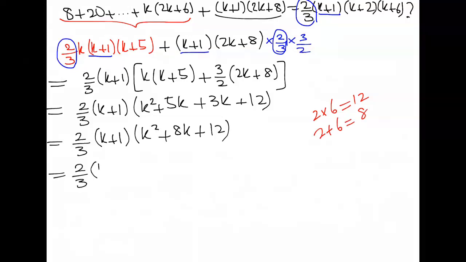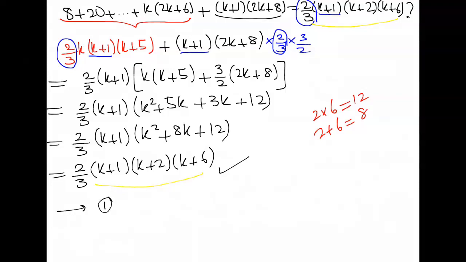So it's 2/3 into k plus 1 into k plus 2 into k plus 6. Therefore, if you compare this with the statement here, you notice that they're the same. Therefore, I have reached the statement I want. So basically, I've proved it true for rank k plus 1.